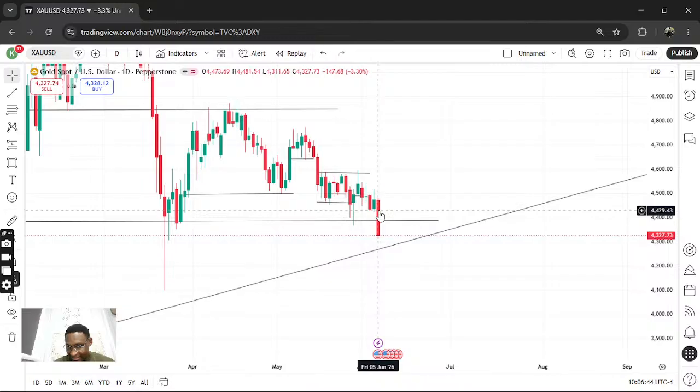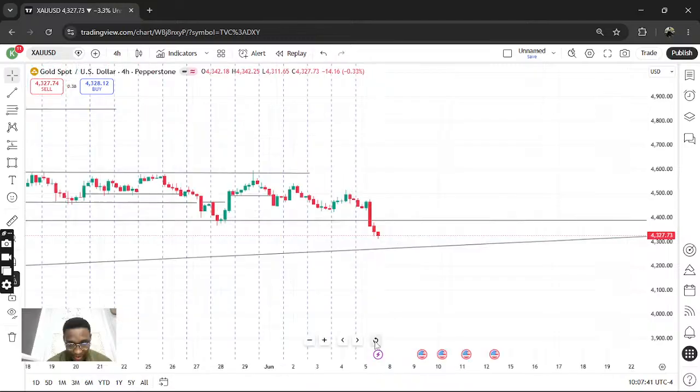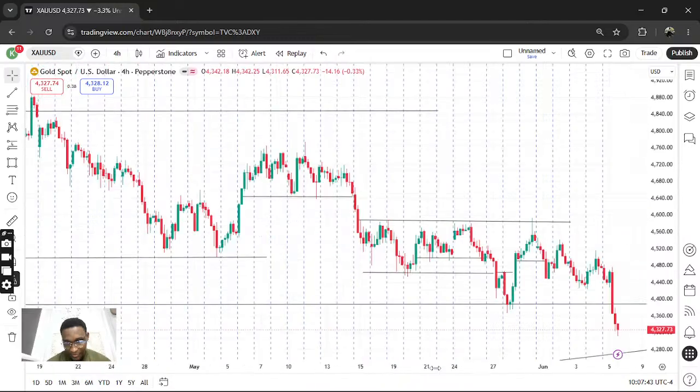So let's go down to 4 hours time frame. Now this is 4 hours time frame on gold.